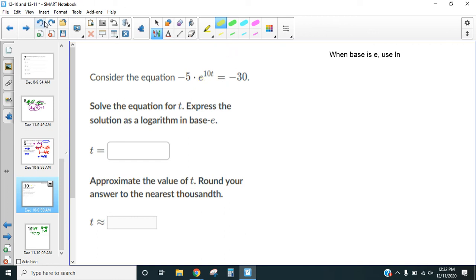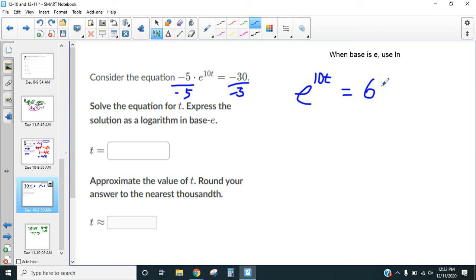Okay? Let's do the first step, though. We aren't there yet. What's the first thing we should do? Yeah, get rid of that sucker right there. So now we have e to the 10t equals positive 6.